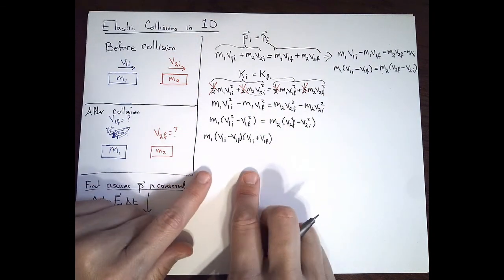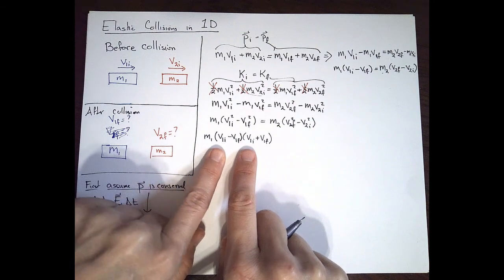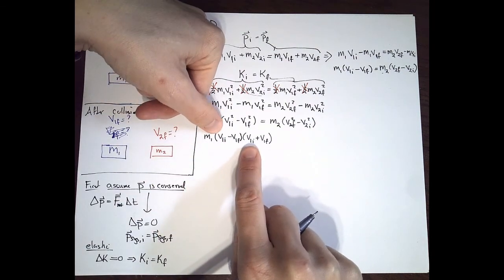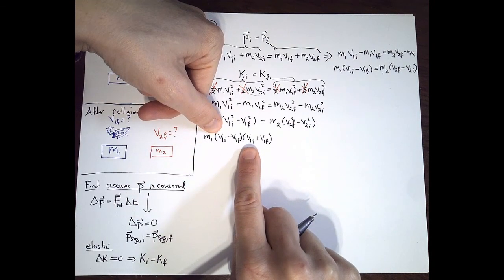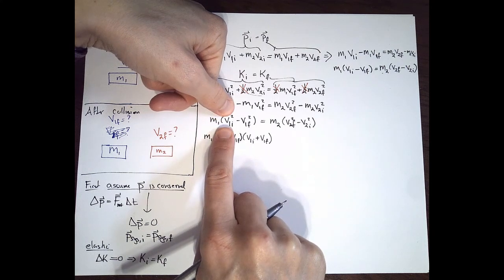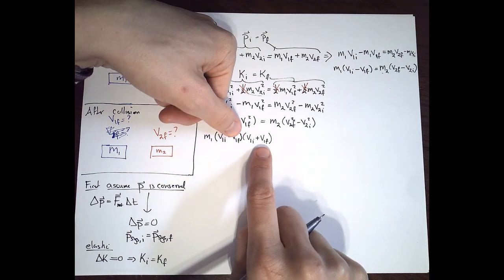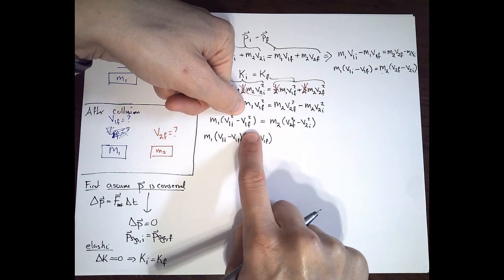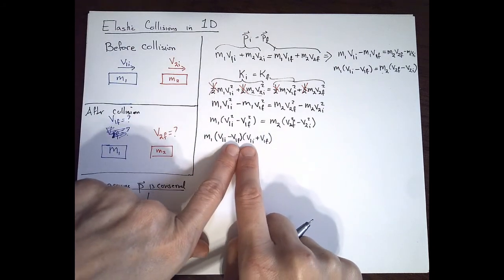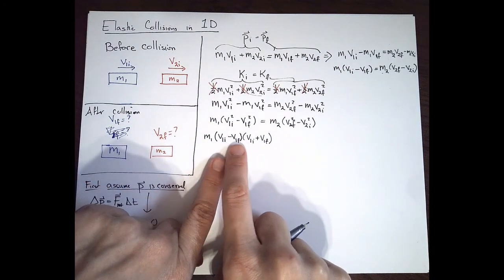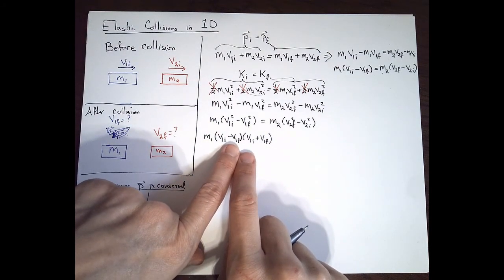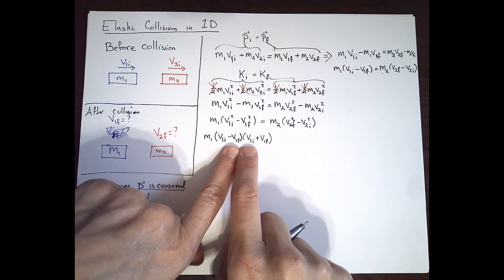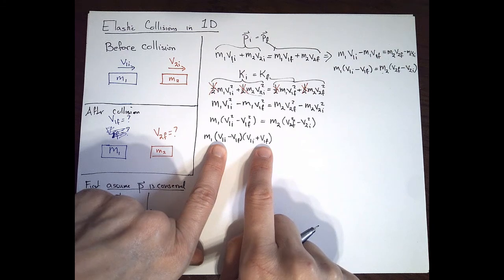And then let's double check that that actually makes sense. If I multiply these 2 first terms, v1 initial and v1 initial, I get v1 initial squared. If I multiply the 2 last terms, negative v1 final and positive v1 final, I get negative v1 final squared. And if I look at the 2 cross terms, these inner terms, I get negative v1 final times v1 initial and positive v1 final times v1 initial.